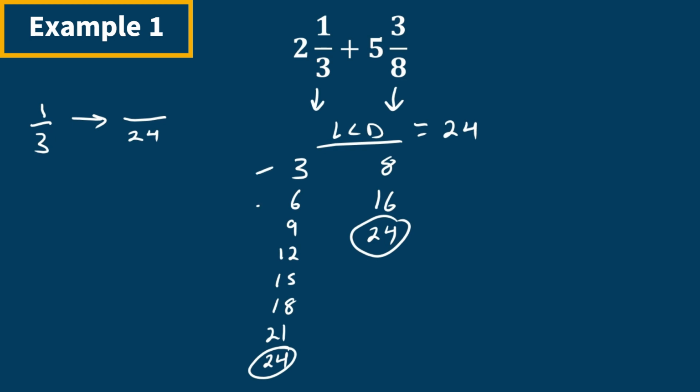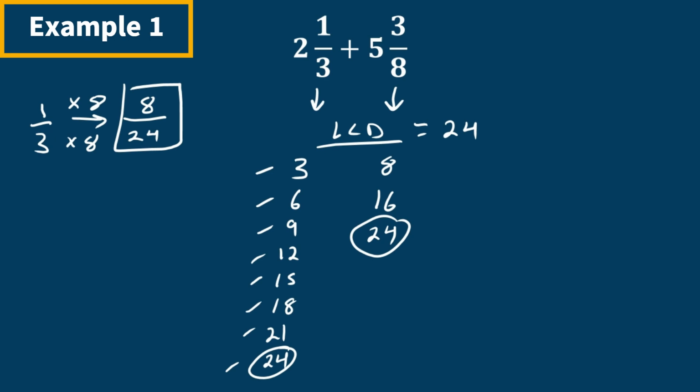We have 1, 2, 3, 4, 5, 6, 7, 8 multiples. So that means I have to multiply 3 by 8 to get to 24. And whatever you do to the bottom, you always have to do to the top as well. So we're going to have in the numerator 1 times 8. So 1/3 can be written as 8 over 24.